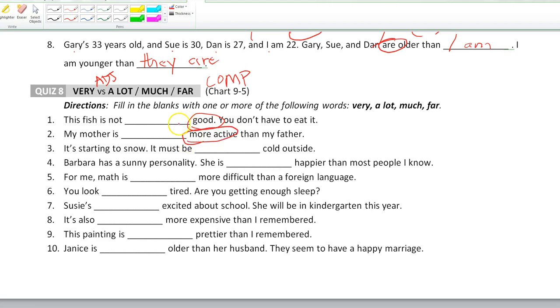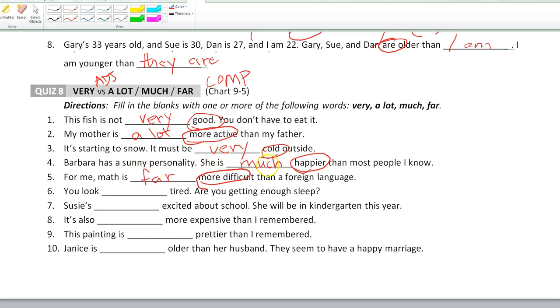Okay? So good. Good is an adjective. So that's going to be very. More active is a comparative. So that's going to be, let's just pick a lot. Okay, and then here we have an adjective. So that's very. Here we have a comparative. Let's use much. Here we have a comparative. Let's use far.